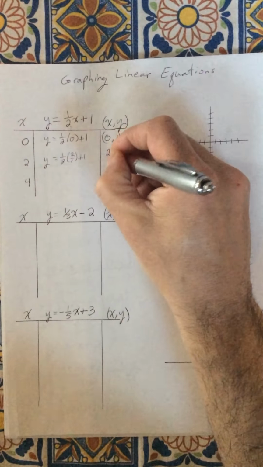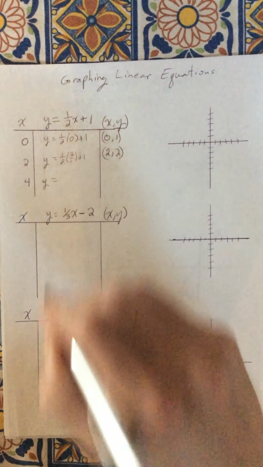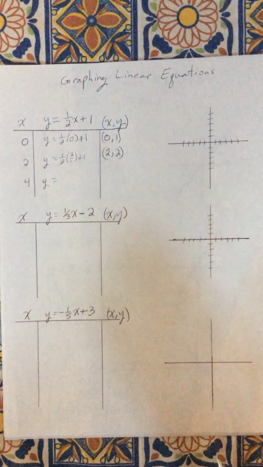And then for the last one, y equals 1/2 times 4 over 1 plus 1. Well, 4 over 2 is 2. 2 plus 1 is 3. So my coordinate is 4, 3.